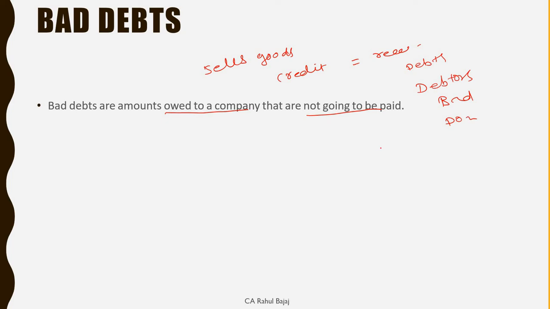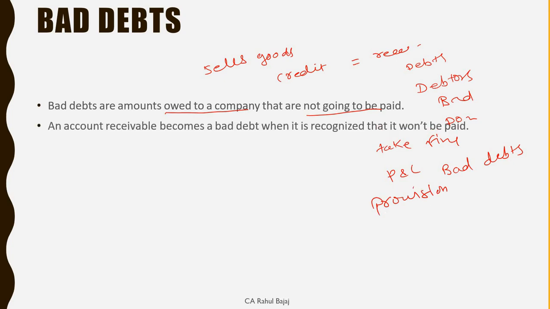You have to take a charge to your financials in the P&L and expense out the bad debts. There is always a provision made in the books, like provision for bad and doubtful debts. An account receivable becomes bad when it is recognized that it won't be paid. If you are not getting your money back for your credit sales, that becomes bad debt.